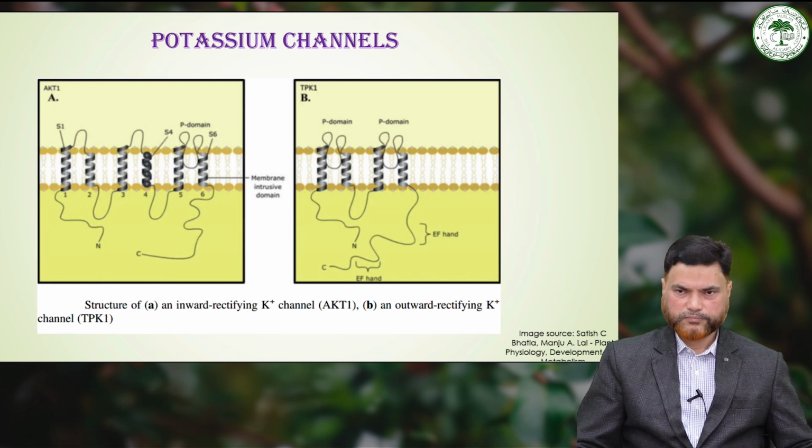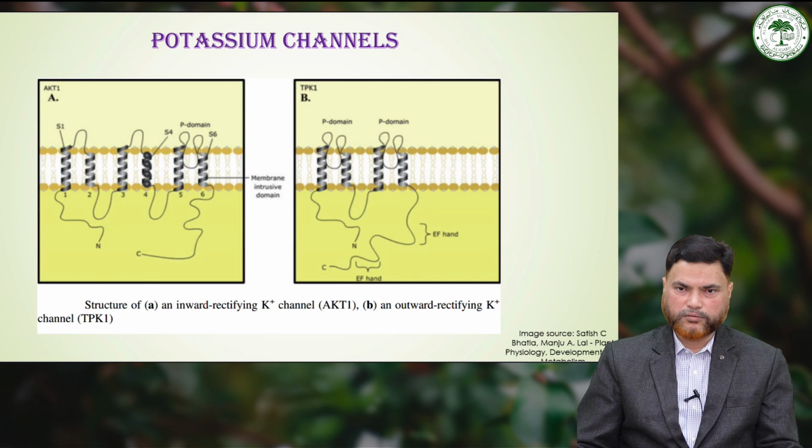For example, potassium inward rectifying channels and potassium outward rectifying channels were initially identified in guard cells, but later on these inward and outward rectifying channels were identified in various plant cell types.